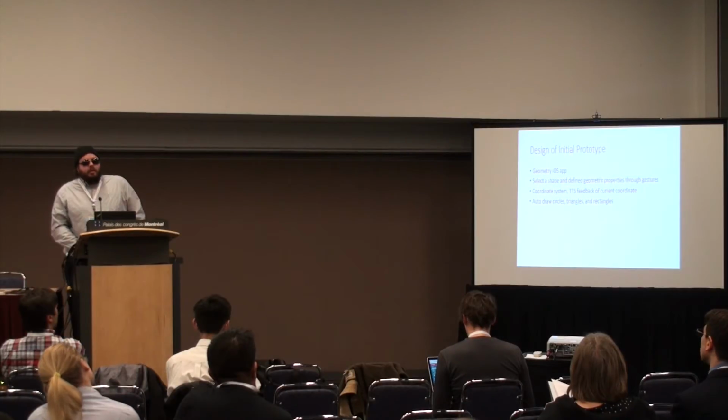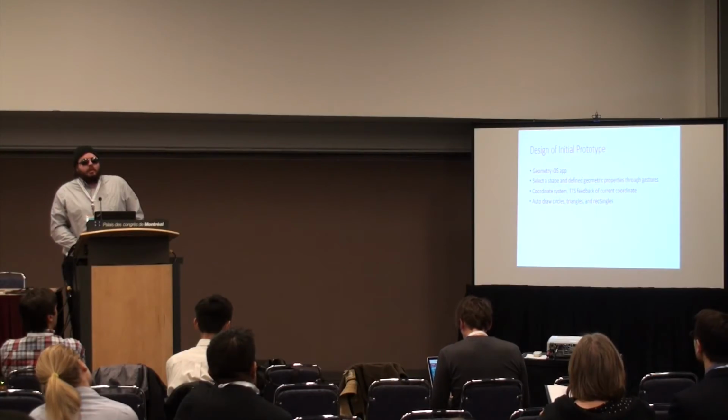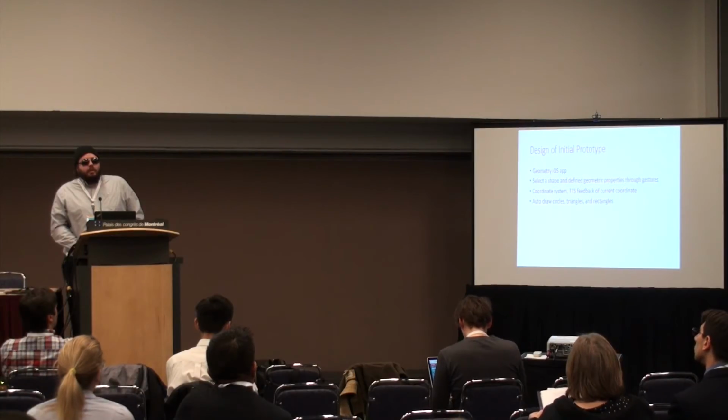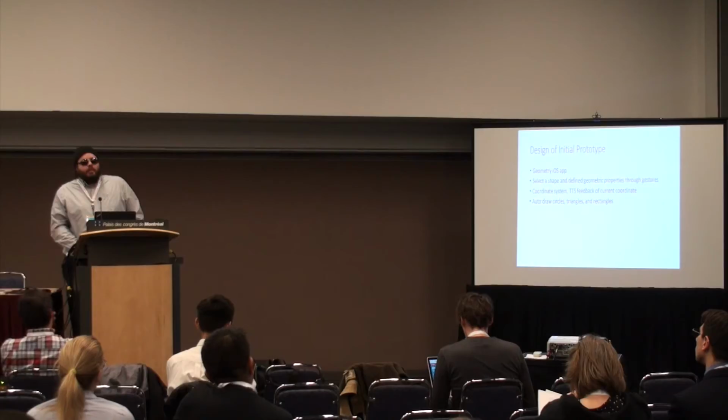So let me talk about the design of our initial prototype. We did 2 prototypes here, and for the first one we decided we wanted to focus on STEM education. So we wanted to work on geometry because geometry seemed to work really well for a gestural touchscreen input. You could select the type of shape you want to draw, for example, a square, a triangle, a rectangle.